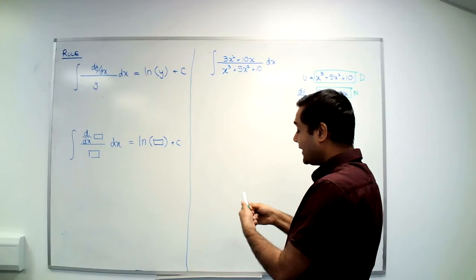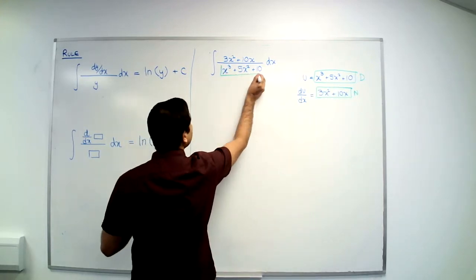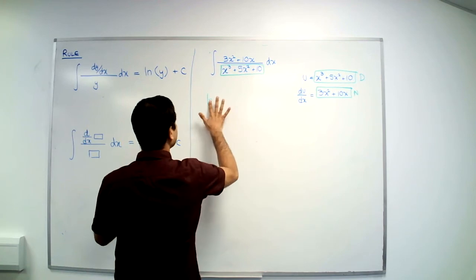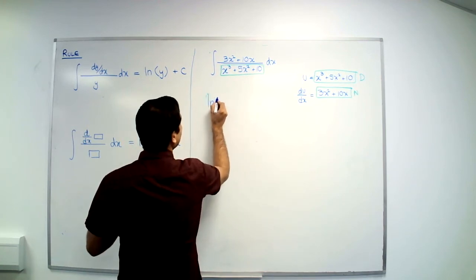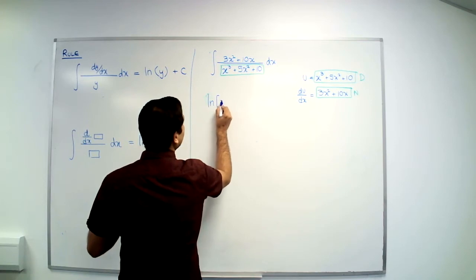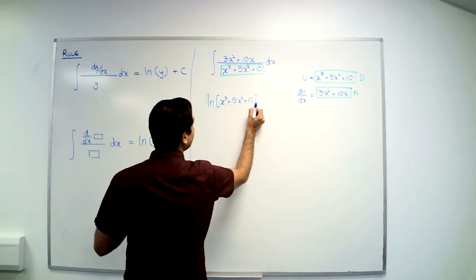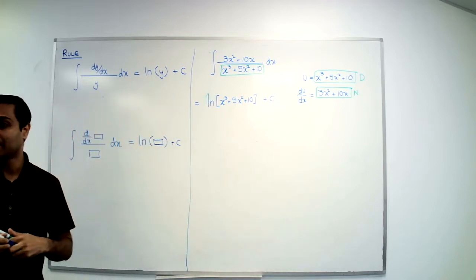The box is the denominator. So I can do ln of the denominator, x cubed plus 5x squared plus 10, plus c. This is the answer in one step.